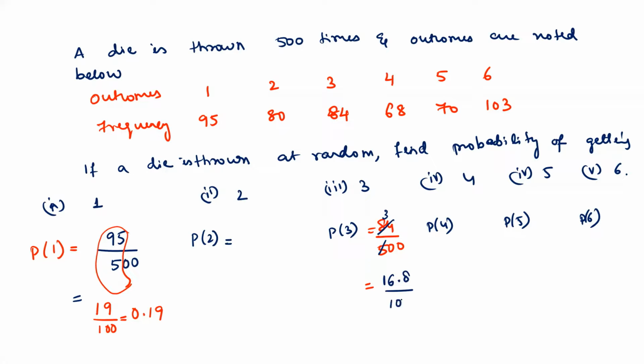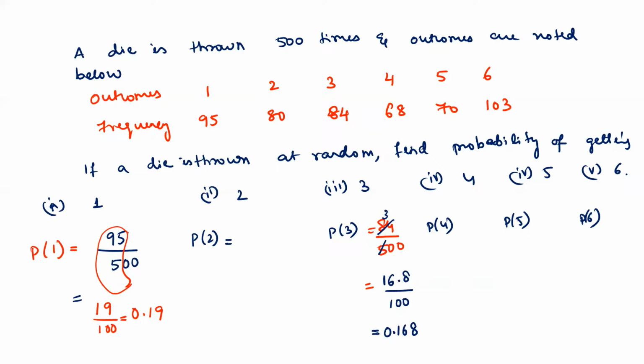Divided by 100, how much? 0.168. When you have in the denominator either 2 or 5, it will be a terminating decimal. So it will terminate at 0.168. Is this clear?